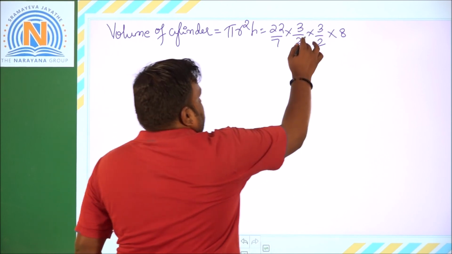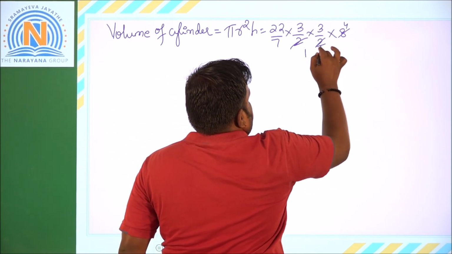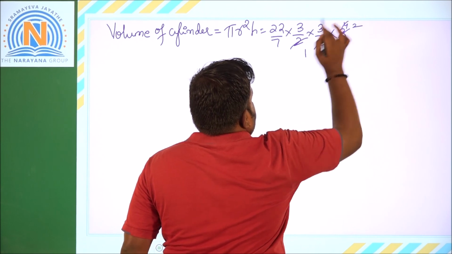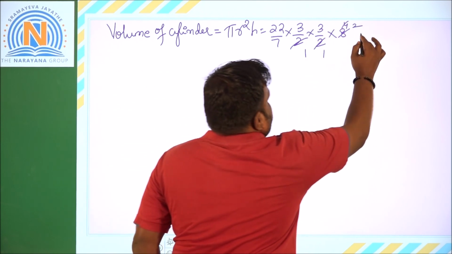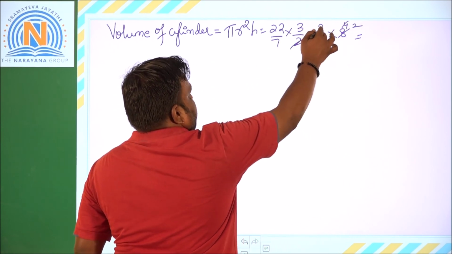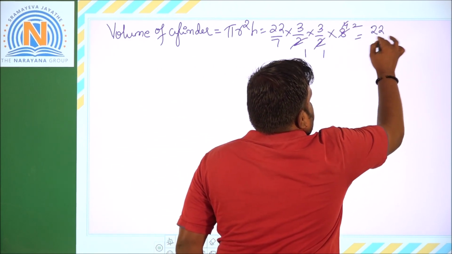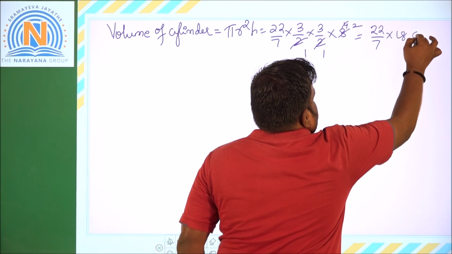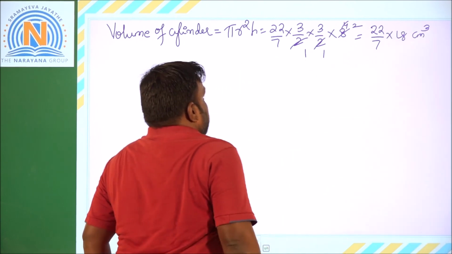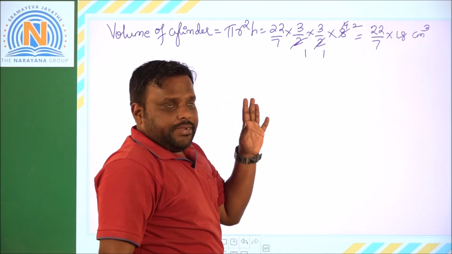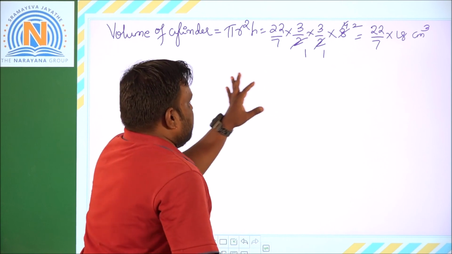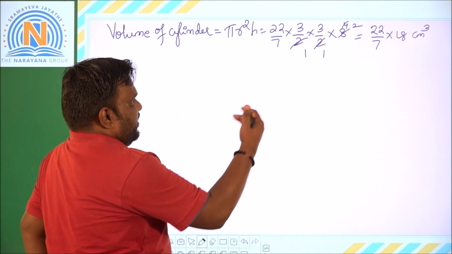So now this is one time, this is 4, and this is one time, this is 2 times. So what I am left with right now is 22 by 7 into 3 into 3 is 9, 9 2s are 18. So it is 22 by 7 into 18 cubic centimeters. This is the volume of cylinder what we have, right? Let us not calculate here, it will be easy for us for doing the problems in the further case.